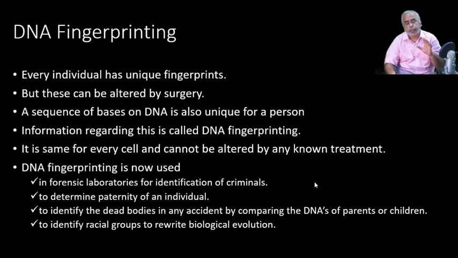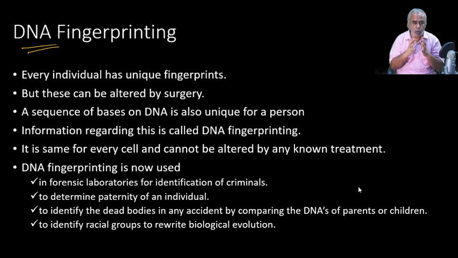Now there is a very important topic, that is the DNA fingerprinting. Every individual has got some unique fingerprints, particularly on the index finger or thumb. But that can be altered by some surgical operations, is it not?